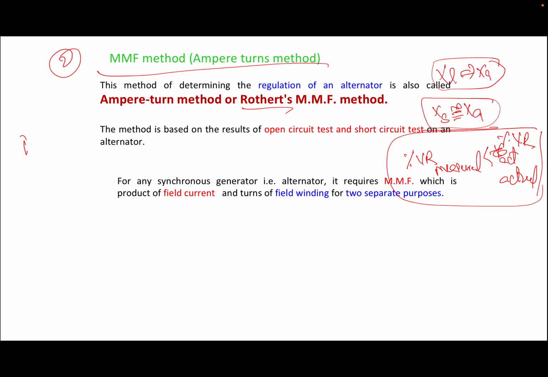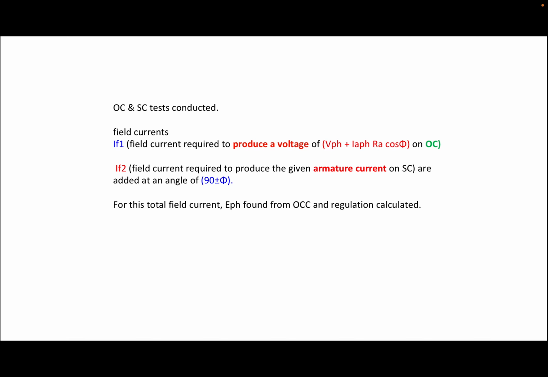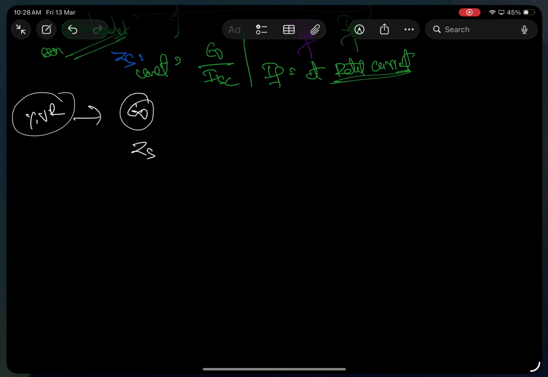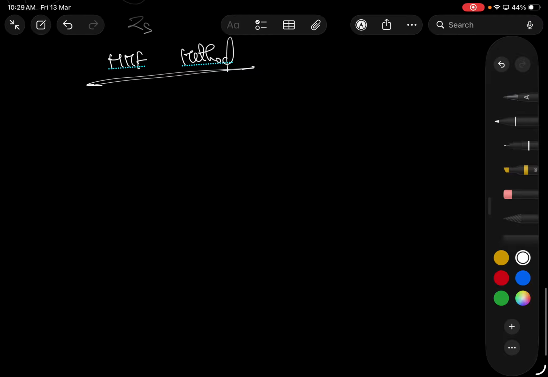We will use the OCC characteristics as well as the short circuit characteristics here, and draw the MMF method using them.